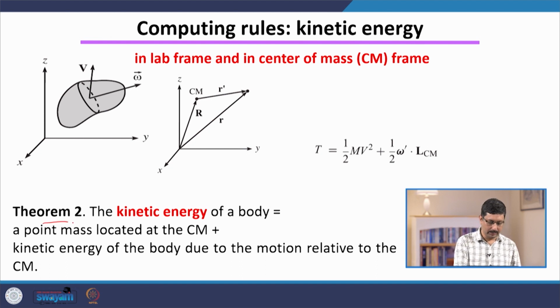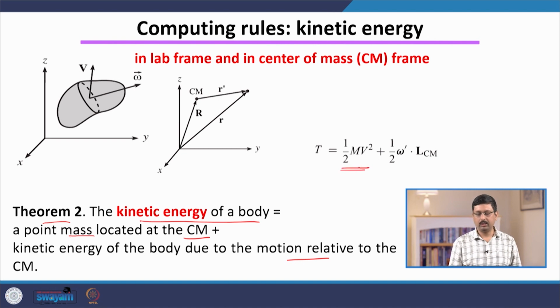Our theorem says that the kinetic energy of the object will have two pieces: as if the whole object is a point mass located at the center of mass location, plus the kinetic energy due to pure rotation about the center of mass. So, these are the two pieces.